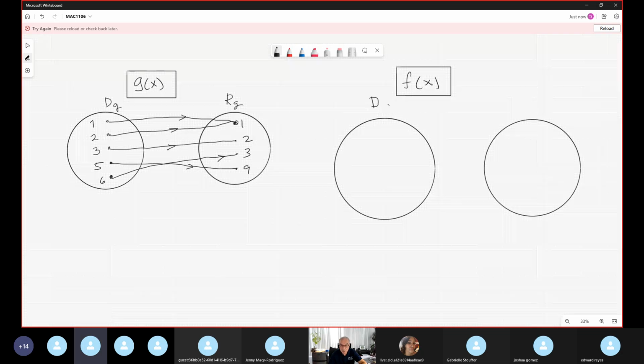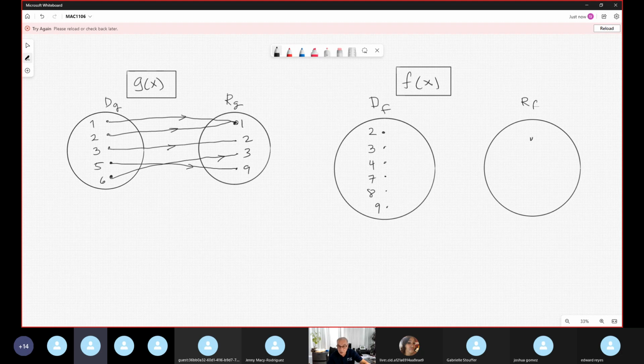This is the domain of f, and this is the range of f. The domain is 2, 3, 4, 7, 8, and 9. Guys, this is important. This is not too much, but there are problems in Alex like that. In my test, no, but in Alex, yes.